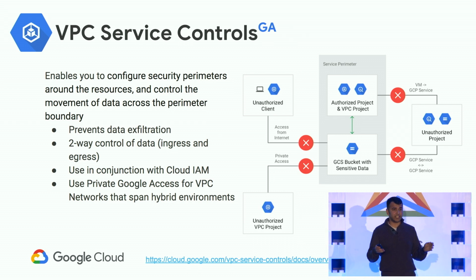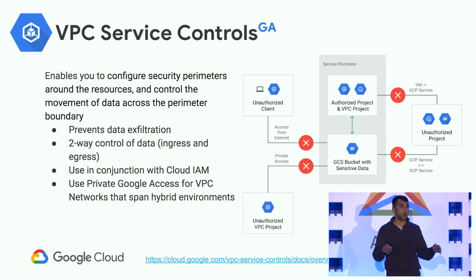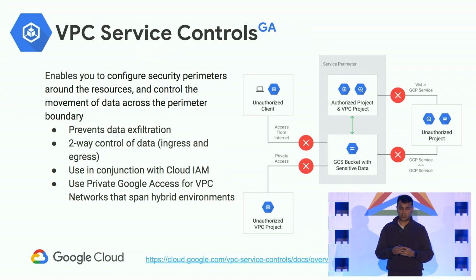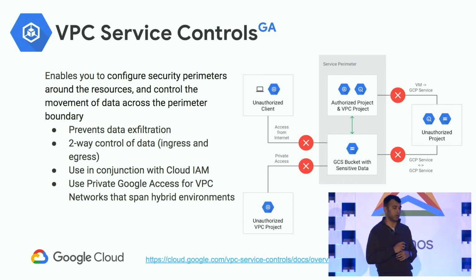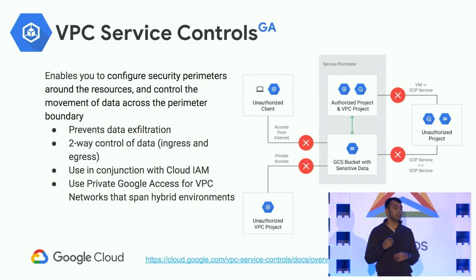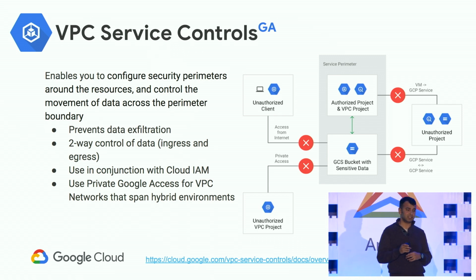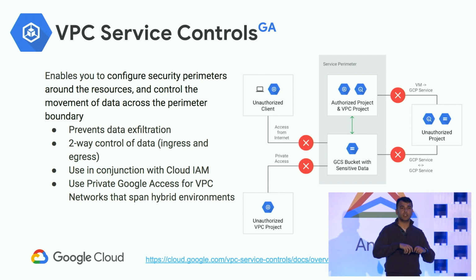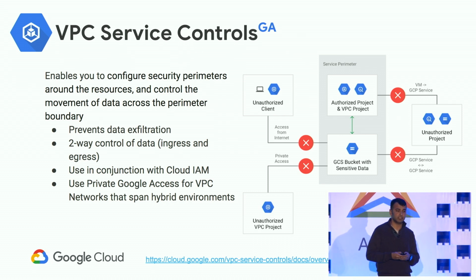When the communication lines are secured, you're protected against data exfiltration from your projects. All data and resource accesses across boundaries are also secured. If your workloads span hybrid environments, for example, worry not, you can use Private Google Access along with VPC Service Controls to draw a perimeter around your hybrid environments.